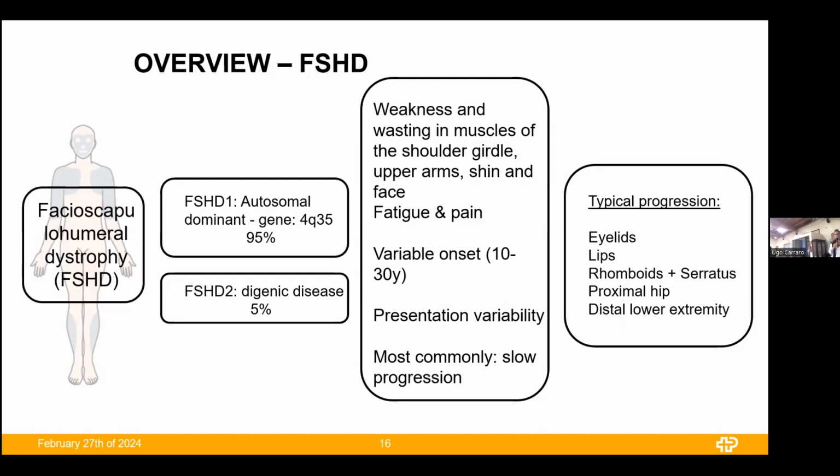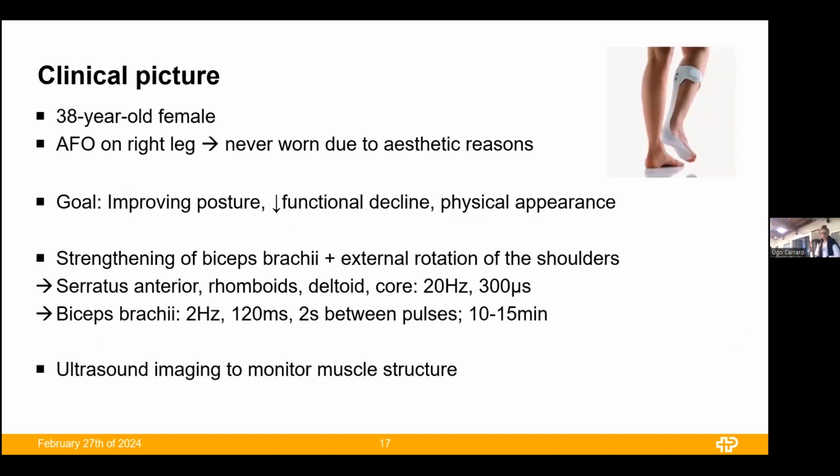And again, like the previous example, there is a variable age of onset of this disease. But most commonly, the progression is quite slow. And as I mentioned, the progression of the disease is from up to down in most cases. This is a 38-year-old female again.